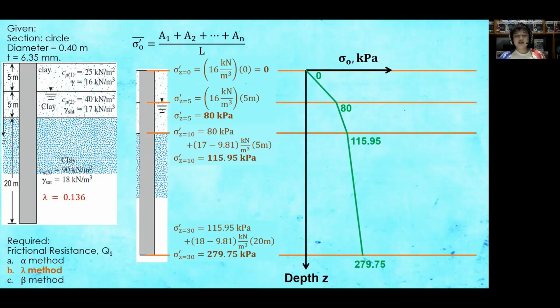Third process is to determine the corresponding area of the stress diagram per layer. So for the first segment, with triangular shape, the area is equal to 1/2 times the base of 80 times the height, which is our segment length 5 meters.